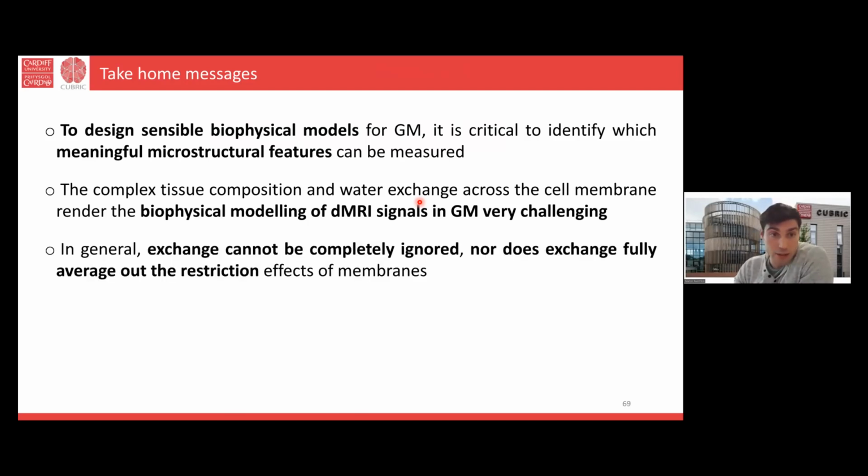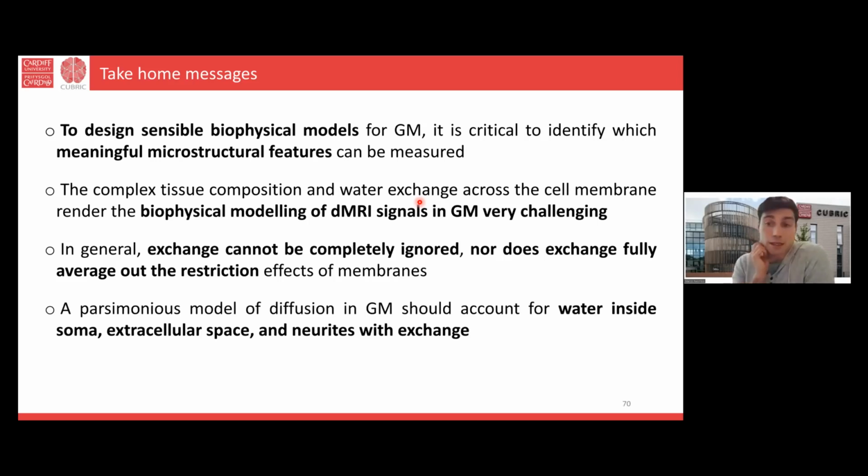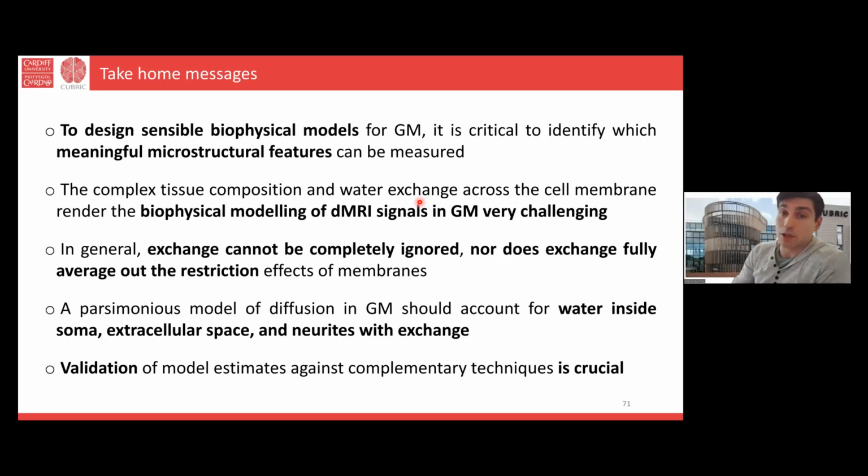However, this is quite challenging. And in general, validation is also quite challenging because features such as the cell membrane are quite difficult to pin down with direct measurements from histology. We are still seeking, as a community, the most parsimonious model of diffusion in gray matter.